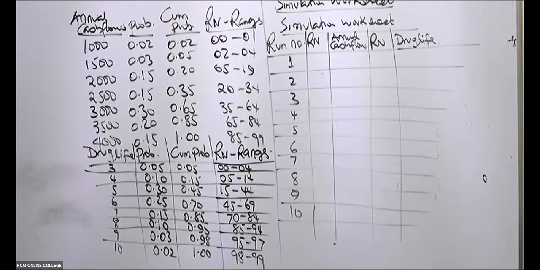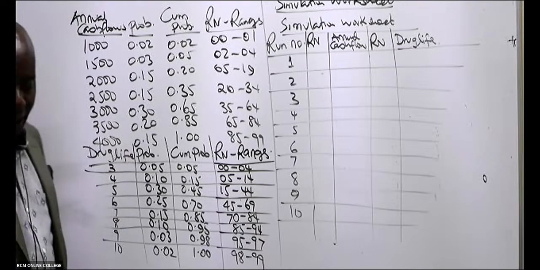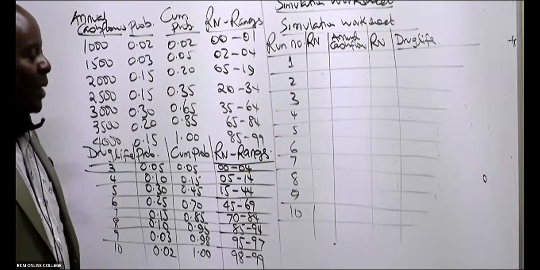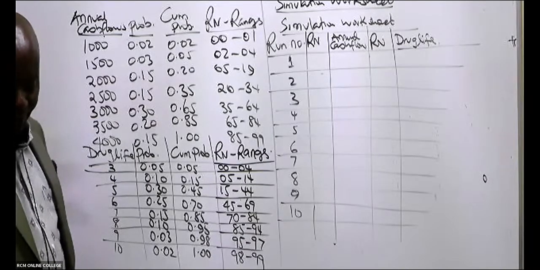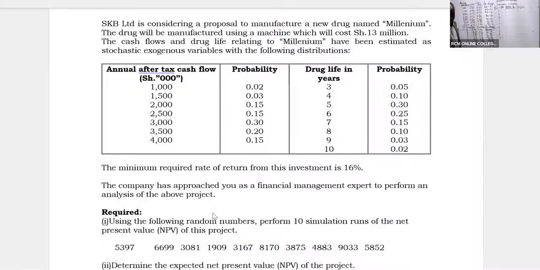Do the simulation. All right, so we start. You can see the first random number given there is 5397. This is a number which has been given there, so huge, 5397.